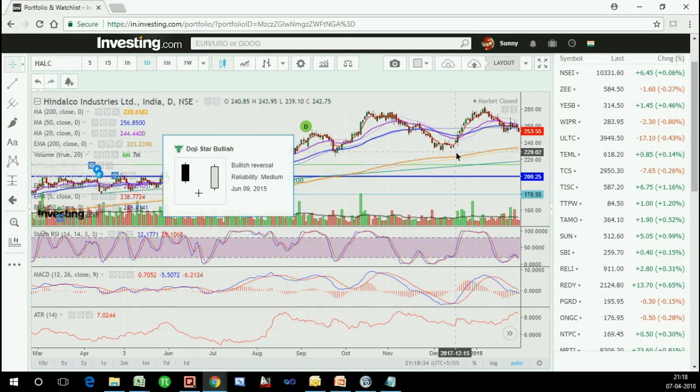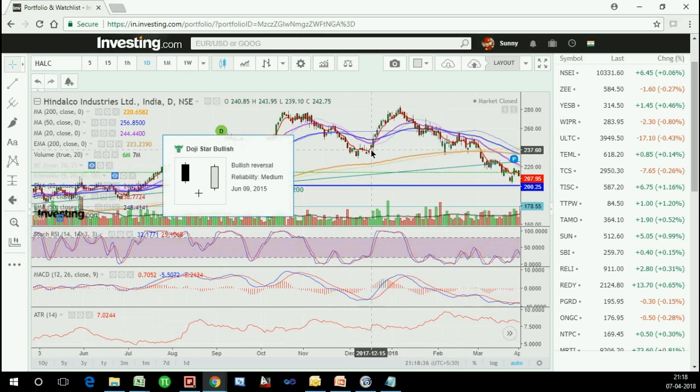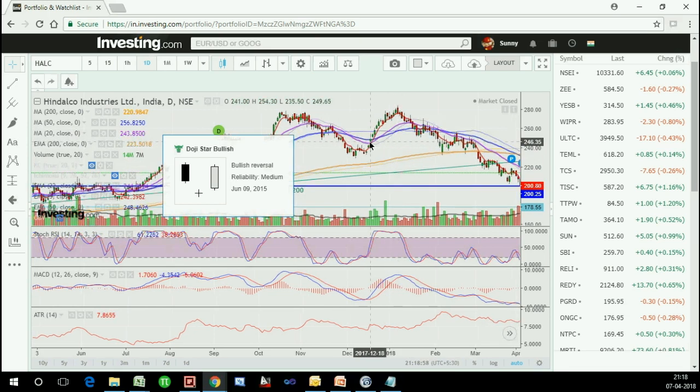If I'm buying here, just have a look, guys, you may get some good information from this. Maybe my premise was a stochastic crossover or MACD crossover. This is my buying, and the prices start moving up and I get an EMA line somewhere here.